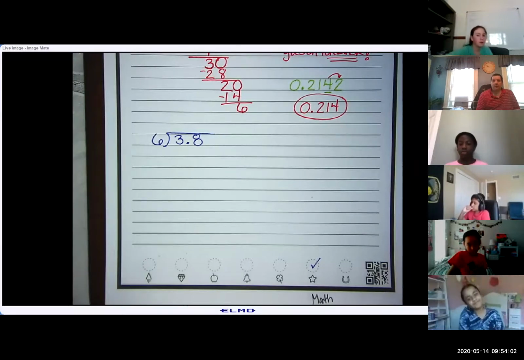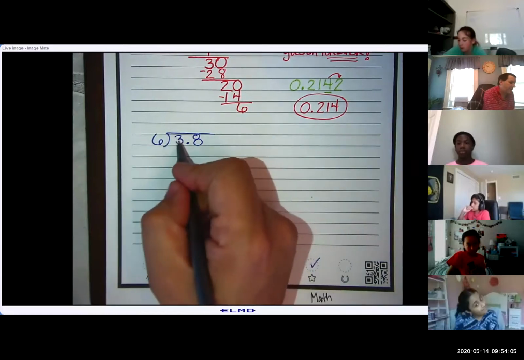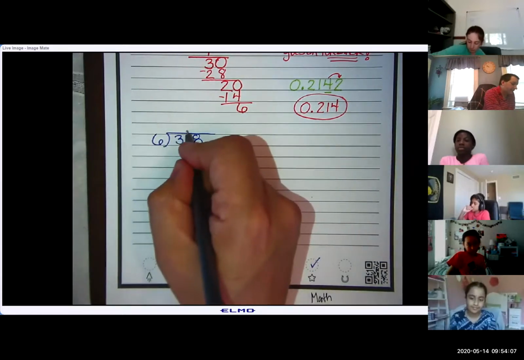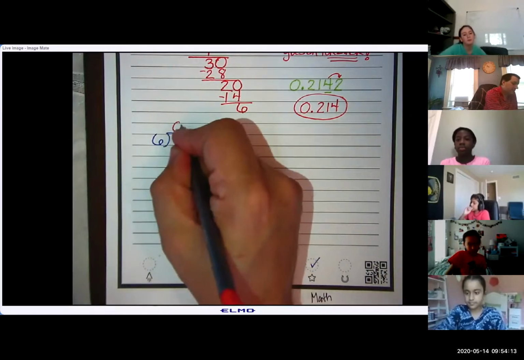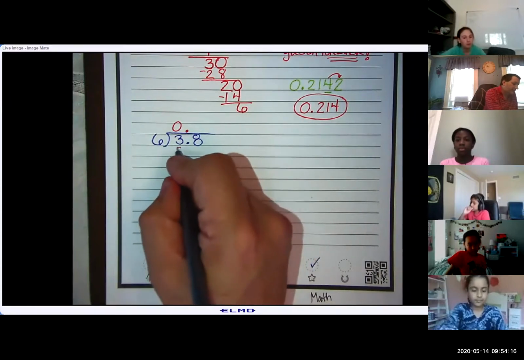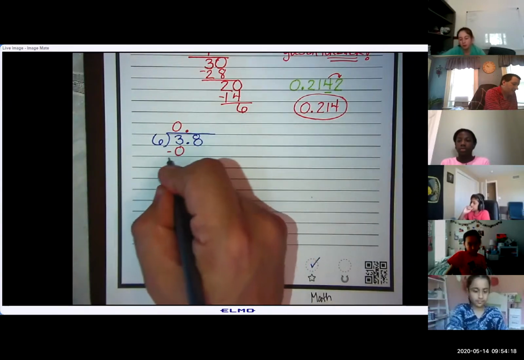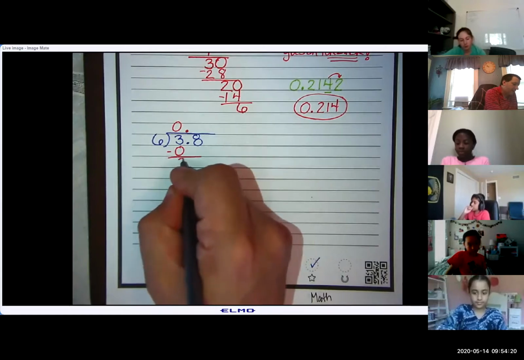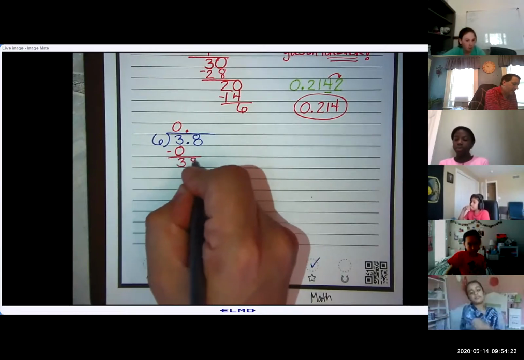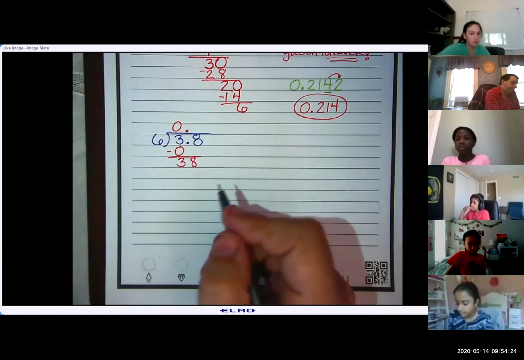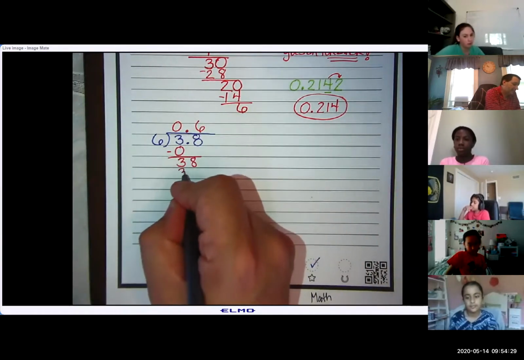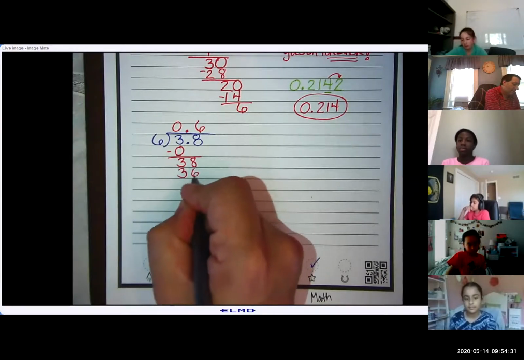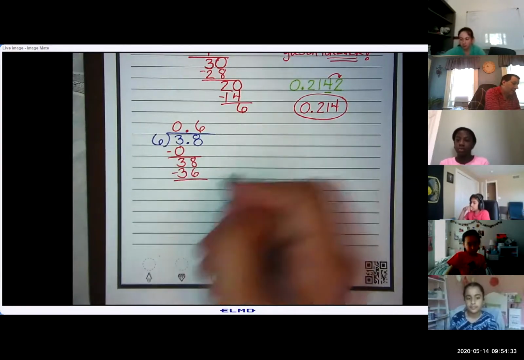I would disagree. What is 3 divided by 6? 0. Right. 0 times 6 is 0, and 3 minus 0 is 3. Bring down your 8. 38 divided by 6. 6 times 6 is 36, and 36 from 38 is 2.